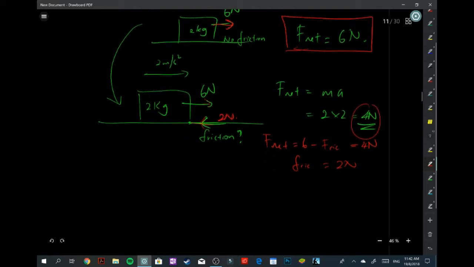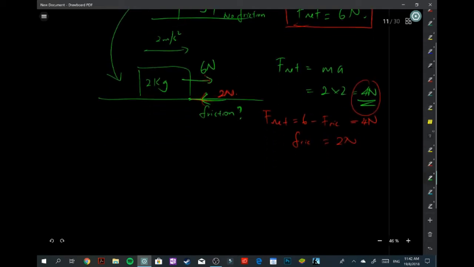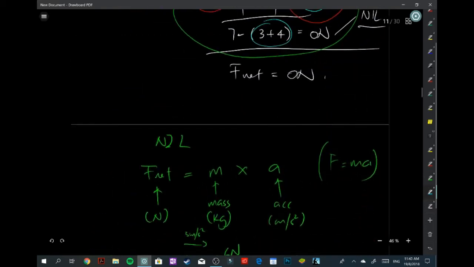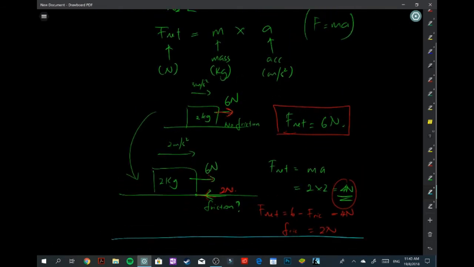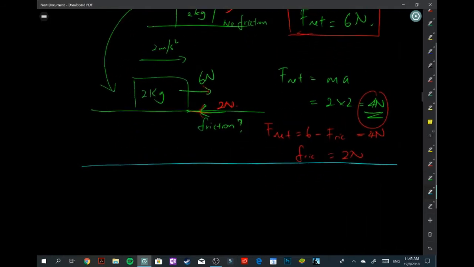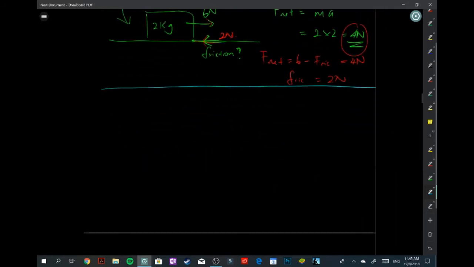So that's the idea of Newton's law at work. I think this is quite a typical question in your O level.